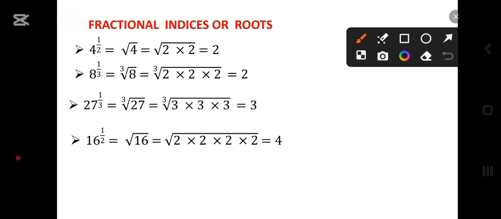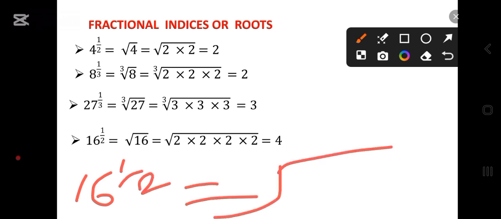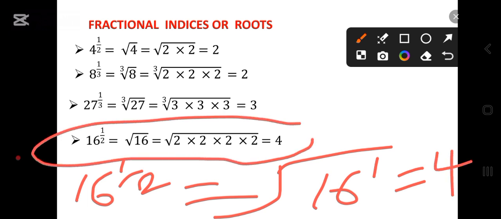We also have another example, 16 raised to power 1 over 2. According to the law, the denominator is 2, so it becomes the square root of 16, while this numerator 1 becomes the power. So the square root of 16 is 4, according to the expression that we have here.